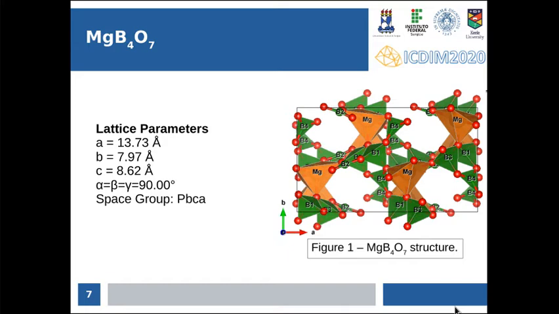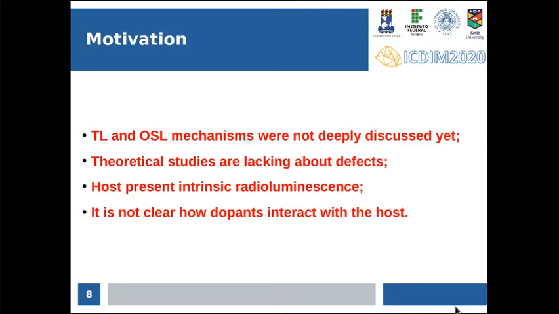Although these materials present such advantages, there are some points without answer yet in the literature. First, the TL and OSL mechanisms were not deeply discussed. Currently, there are few theoretical works dedicated to electronic structure, but not to defects.